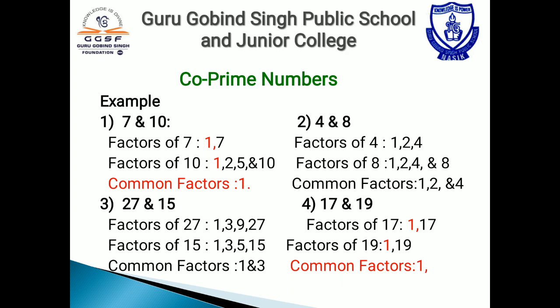And lastly 17 and 19. The factors of 17 are 1 and 17, it is a prime number. The factors of 19 are 1 and 19, it is a prime number. The common factor is only 1. So from these four examples, what we have observed is that the numbers which have common factor 1, again I will repeat, the numbers which have common factor 1 are co-prime numbers.